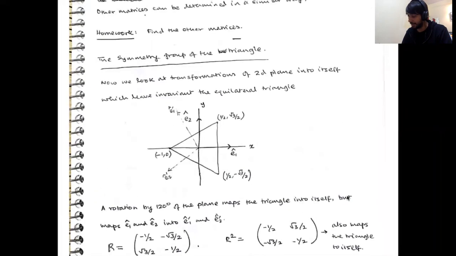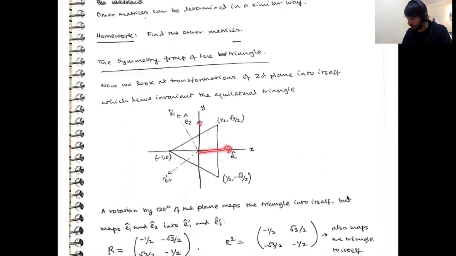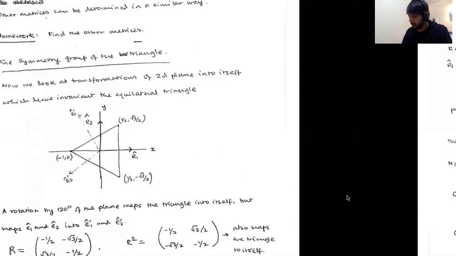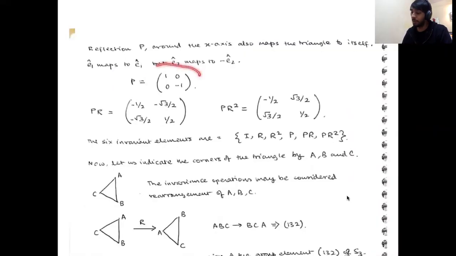The matrix that is going to represent this is P. P acting on E1, E2 is going to be equal to E1, minus E2. So this means that P has to be of this form.